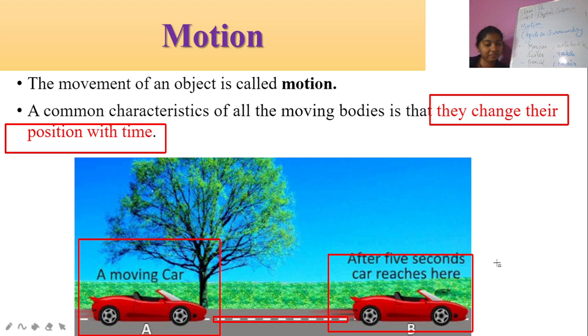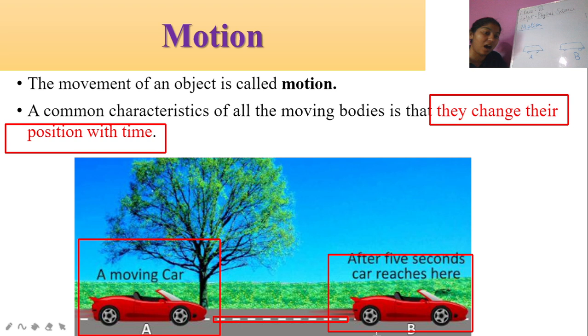The car is at A first, and it reaches point B after some time. So we can say the car is in motion, because it changes its place from point A to B in 5 seconds. In 5 seconds it changes its position, so we can say the car is in motion.